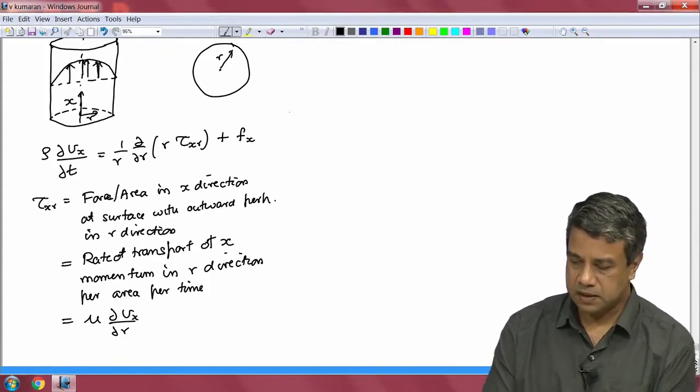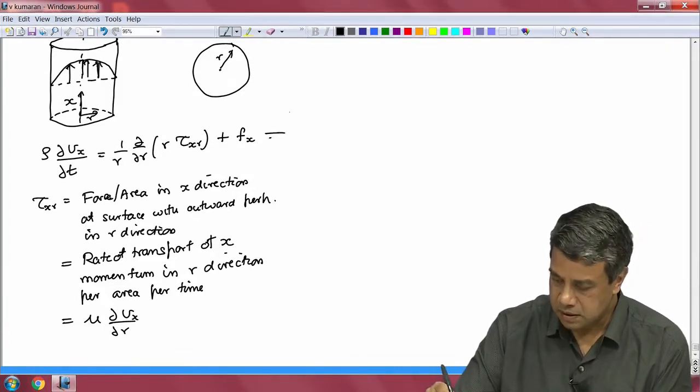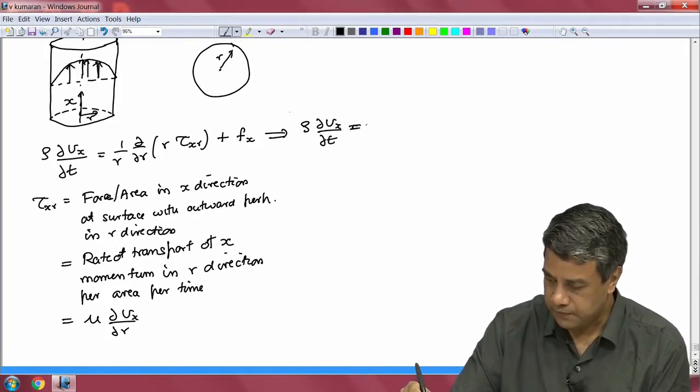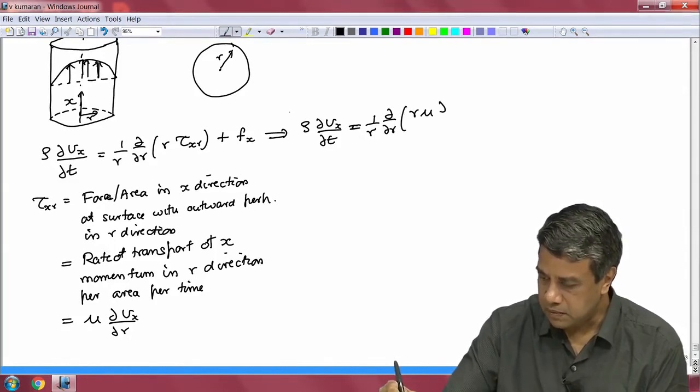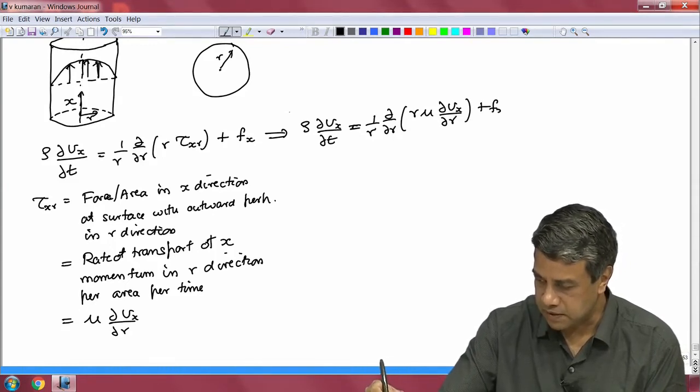So, I substitute that into this equation and I get the balance equation: rho times partial Vx by partial t is equal to 1 by r d by dr of r mu partial Vx by partial r plus Fx.